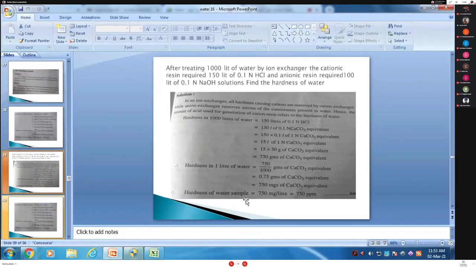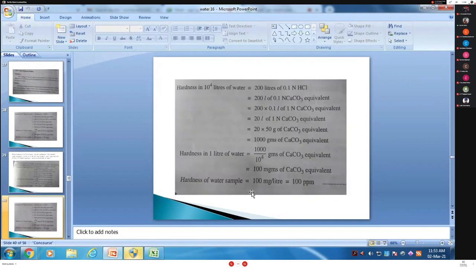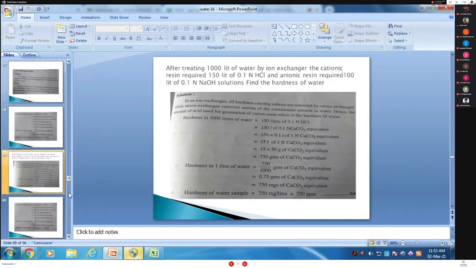So the hardness of the water sample equals 750 milligrams per liter, which is equal to 750 ppm. Milligrams per liter is also called ppm. Follow the steps.